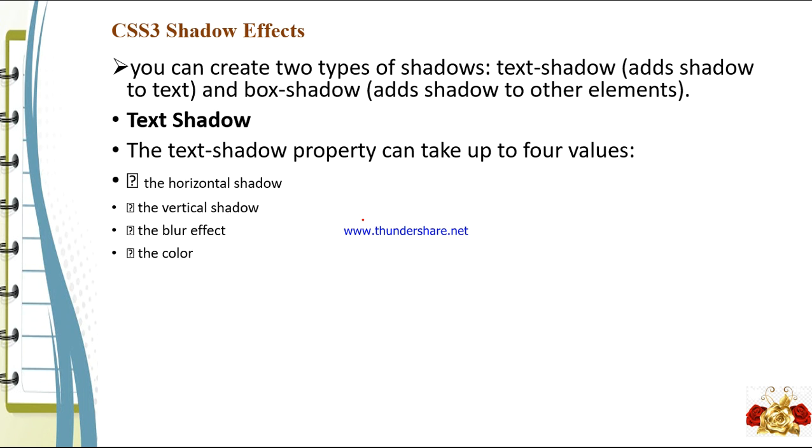These are the 4 values the text shadow property follows: horizontal shadow, vertical shadow, the blur effect, the color.